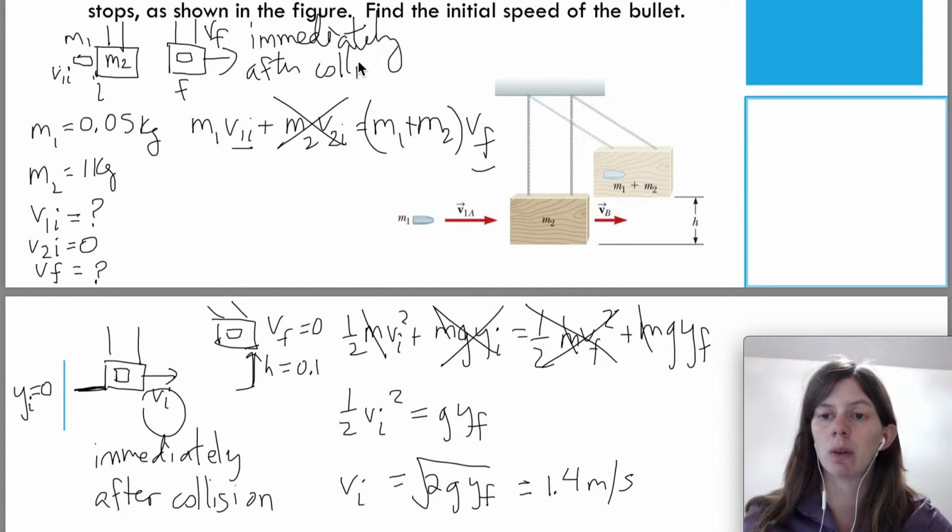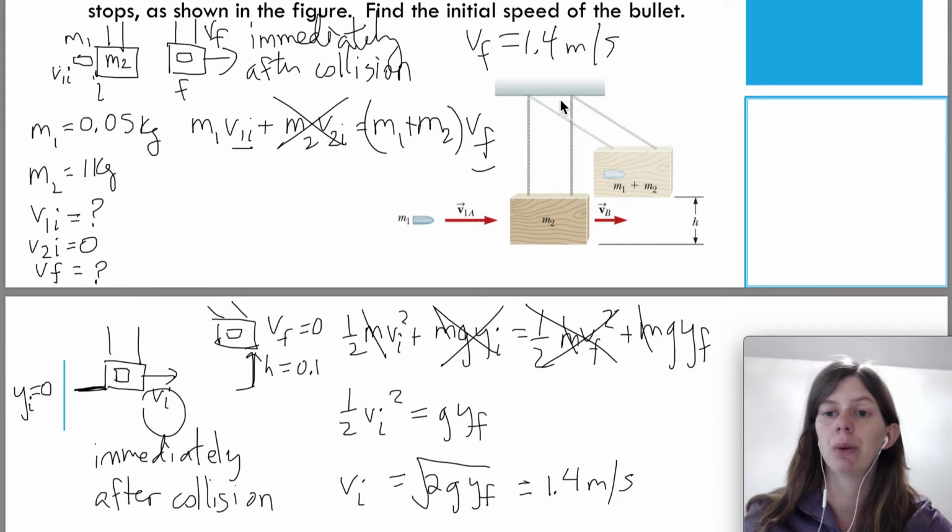So that means that what we called v initial down here, since it was immediately after the collision, is the same thing that we're calling v final here. They're the exact same thing. So v final in this case is the 1.4 that we just found.